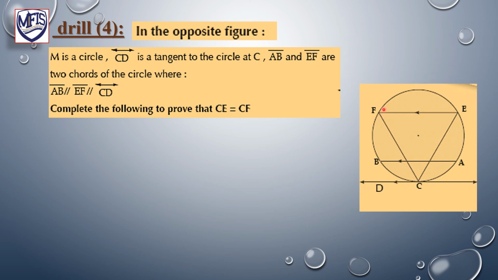Now I have 3 parallel lines. And we studied before: if EF is parallel to AB, that means the measure of this arc equals the measure of this arc, and also a chord parallel to a tangent means this equals this. So how to prove CE equals CF? Now stop the video, solve it yourself, then check your answer.